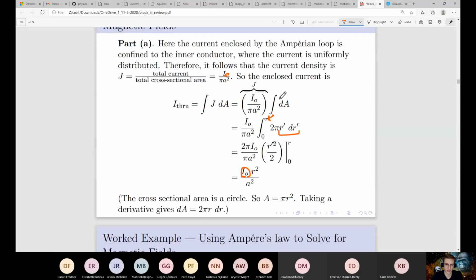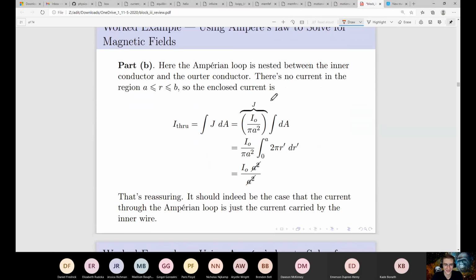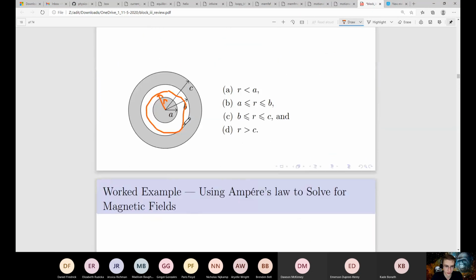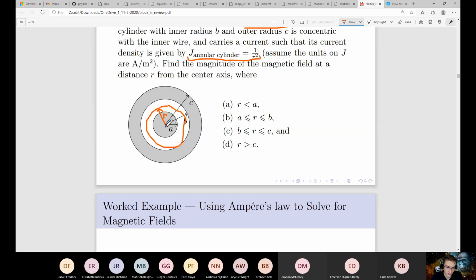Let's just make sure that's what we get when we take an integral, just to make sure we're not going crazy. If I set up my integral the same way as before, it's the same current density, except now my upper bound of integration is a. Again, if I return to my picture, I'm integrating with respect to r, a radial distance. I start here, keep moving, then I hit a.